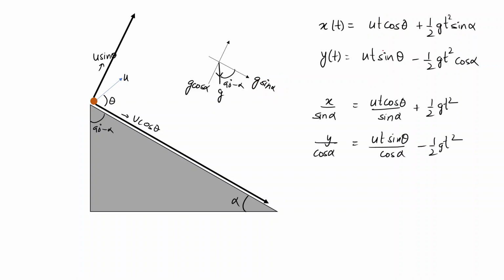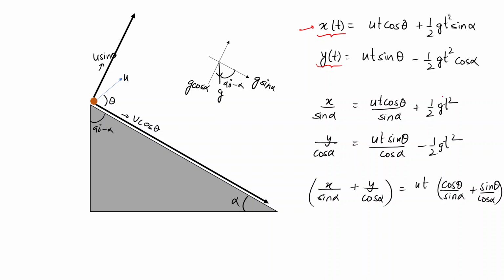So what we are going to do now, to figure out the trajectory, to figure out what curve it will follow, is we need a relation between x and y. For that, you can divide the first equation by sin alpha and the second one by cos alpha, and add them. When you add them, this term cancels out and you get this expression. There is still a t sitting down here, and from here you can figure out what t is.